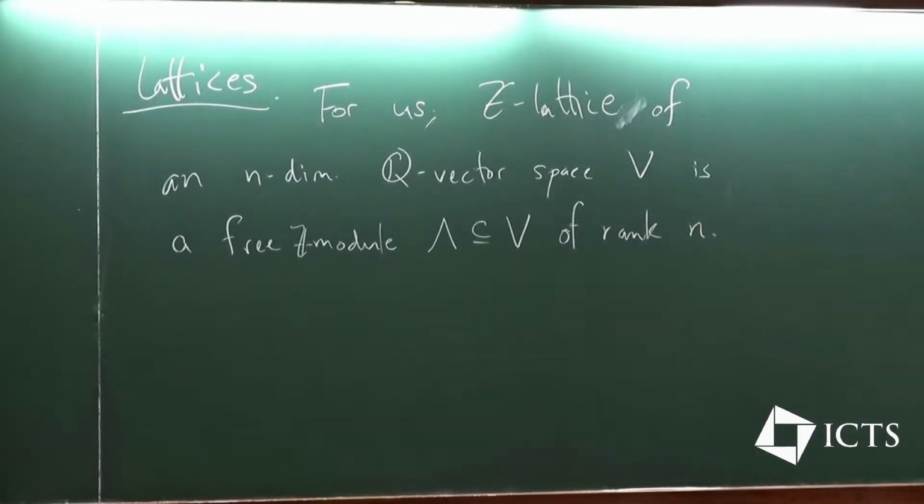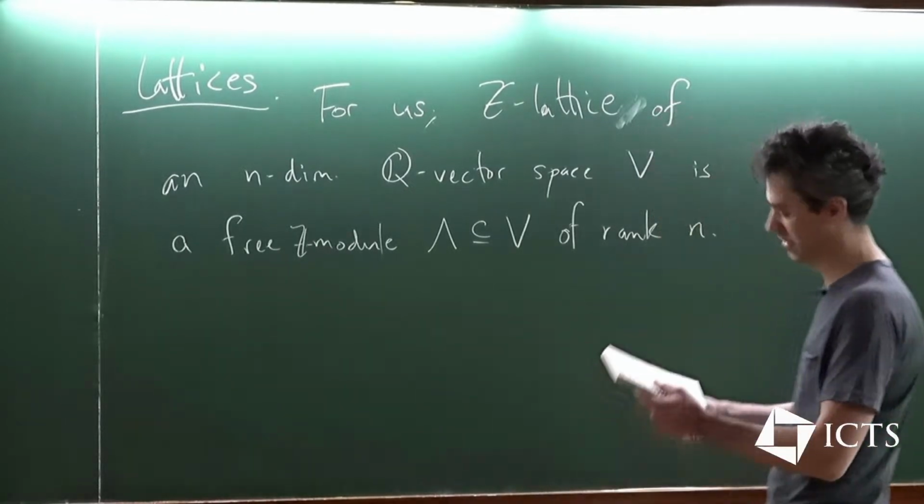In particular, we'll have finite index if I take the quotient inside of Z to the n, for example.